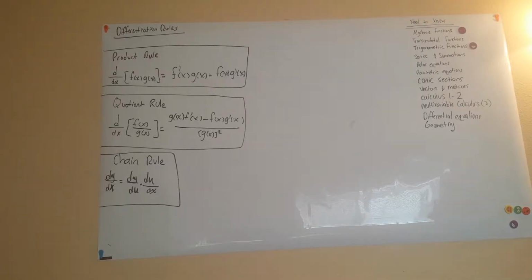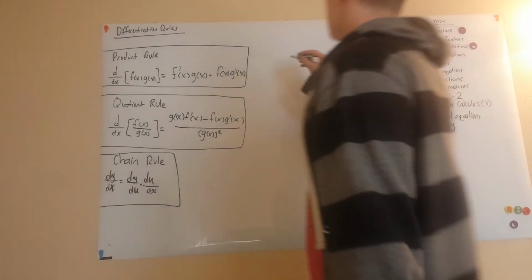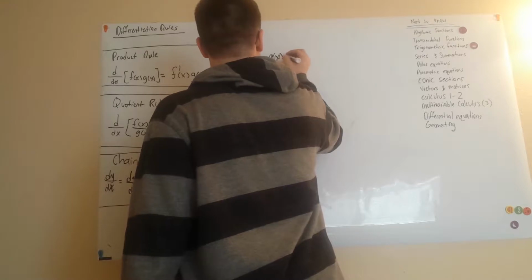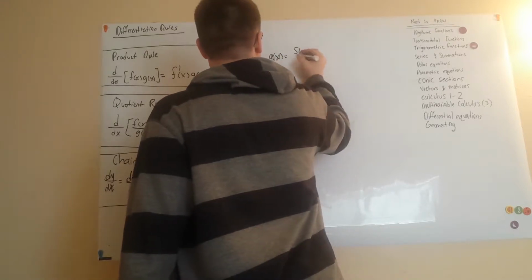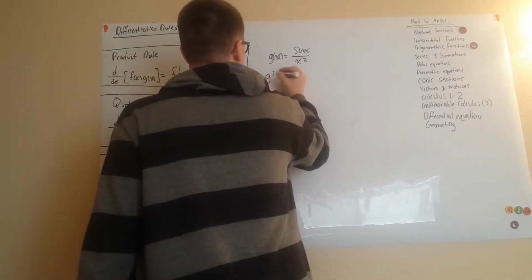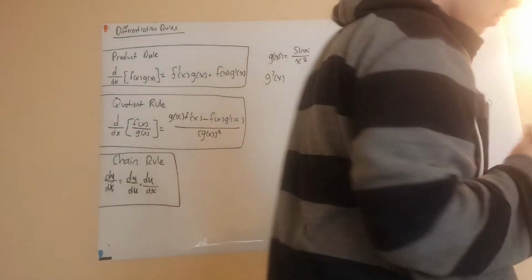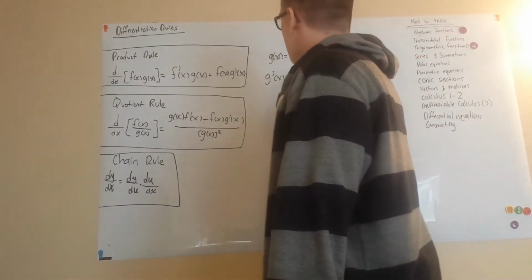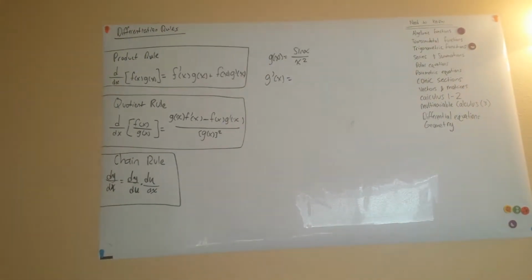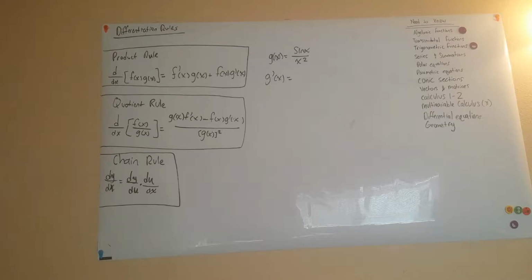Try this one. Find g prime of x using your rules. I'll give you a moment.